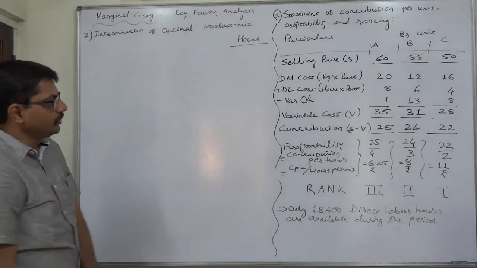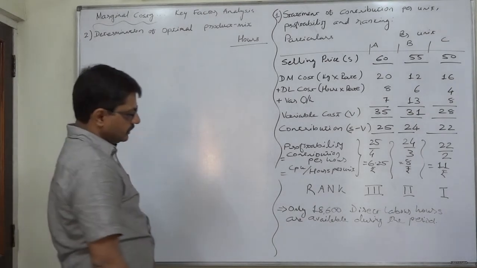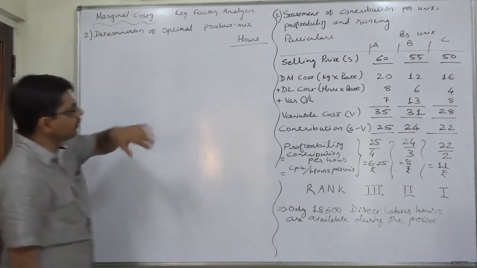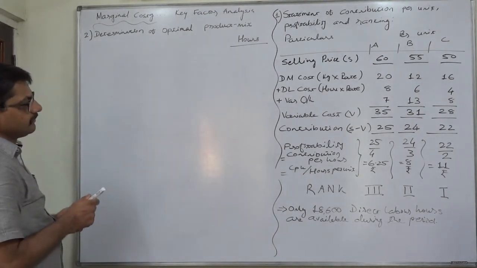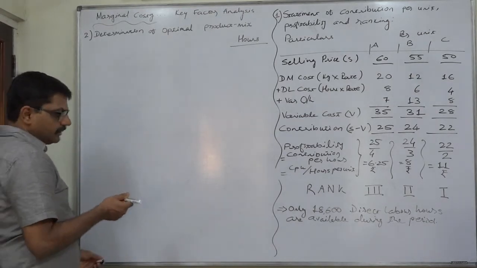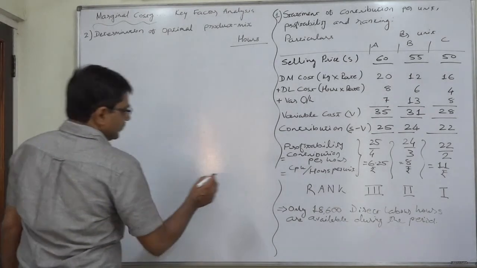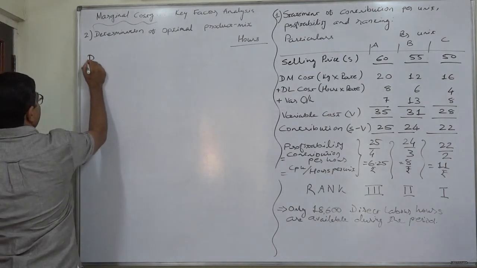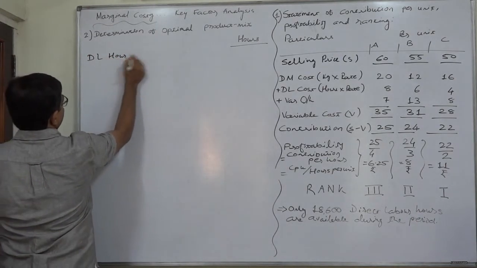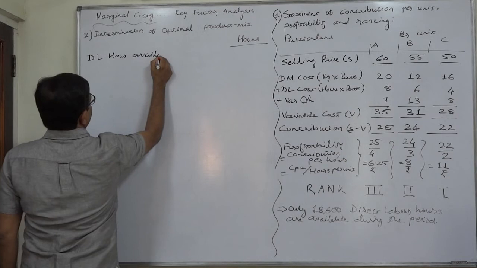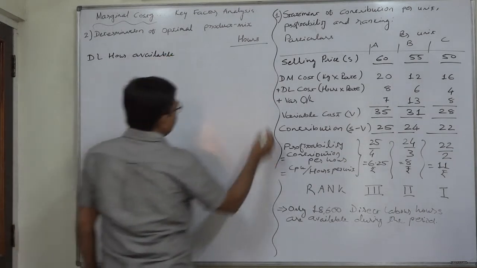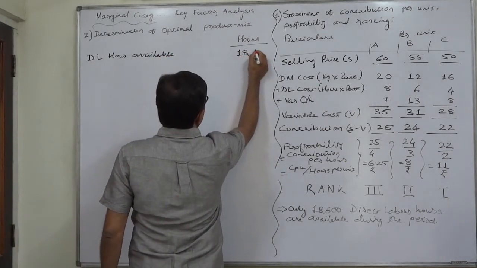Okay, I presume that you have already done it. Now what? Determination of optimal product mix. That is our second step of arriving at the required answer. Direct labor hours available are 18,600.